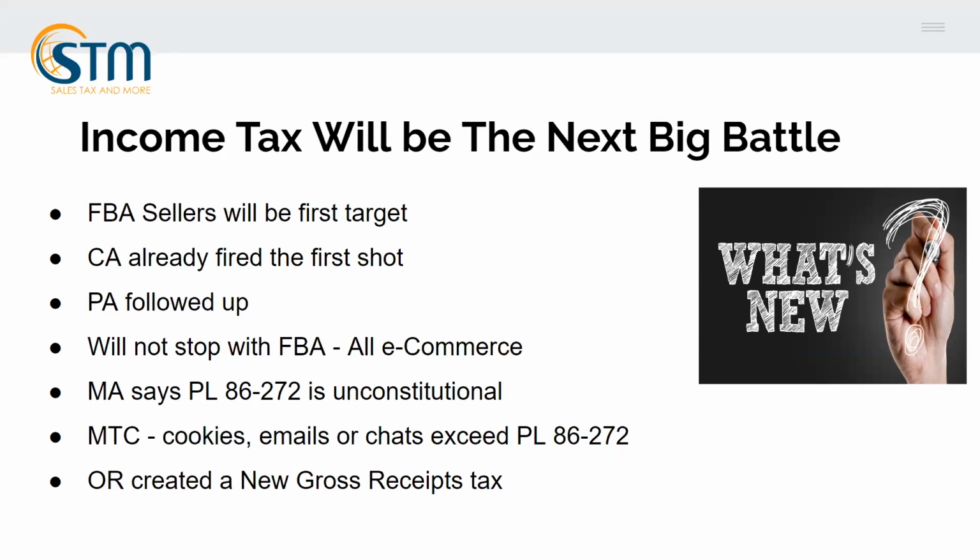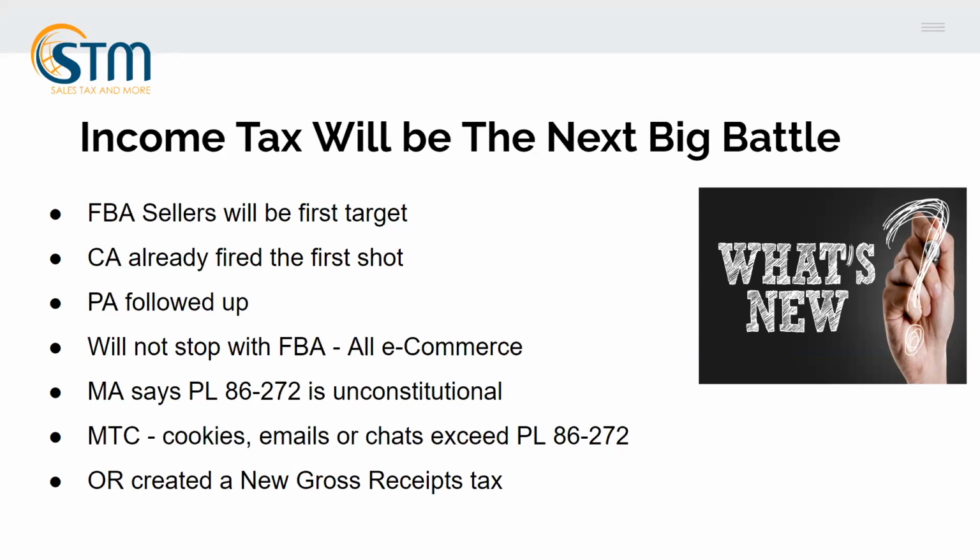The Multistate Tax Commission has put out guidance saying that if you use cookies, emails, or chats, they exceed the protections. And if you have a website, you're probably doing that. And in Oregon, gross receipts taxes are not protected by Public Law 86-272.